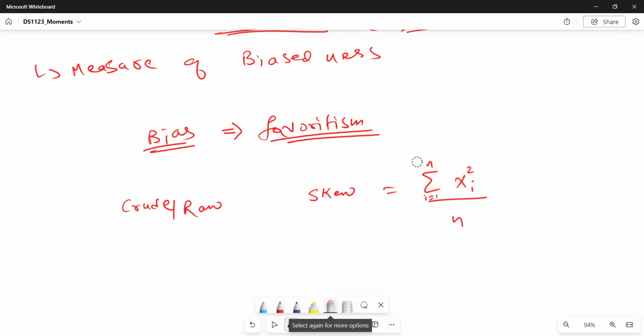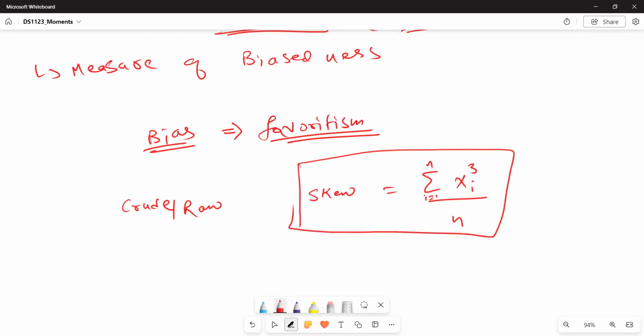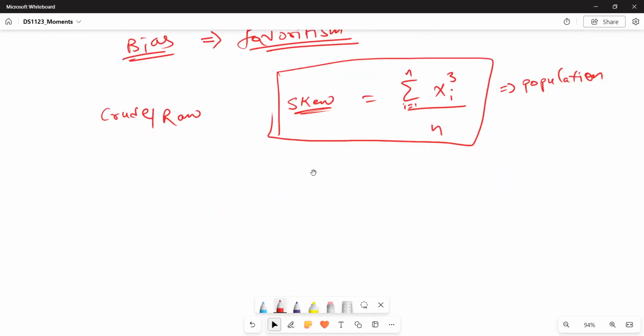Instead of taking the square, if you take the cube of this term, this becomes skewness. Again, this is for population. Now this skewness has a dependency on mean as well as a dependency on variance.